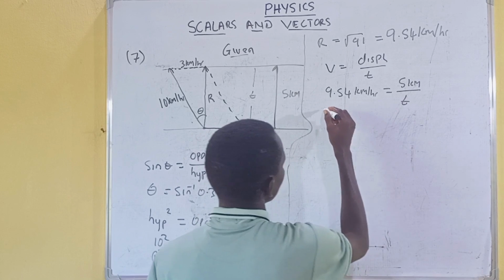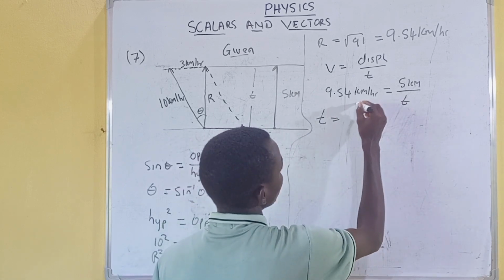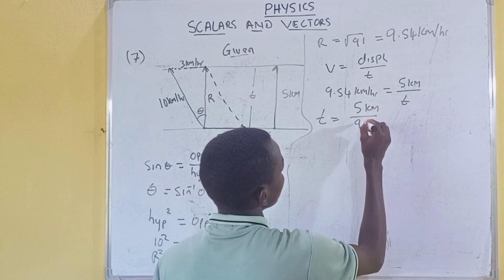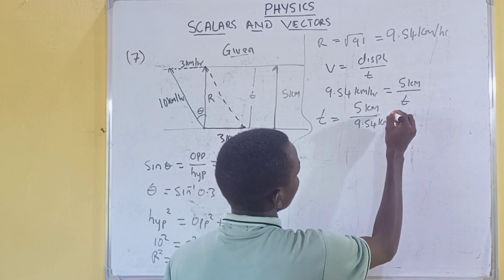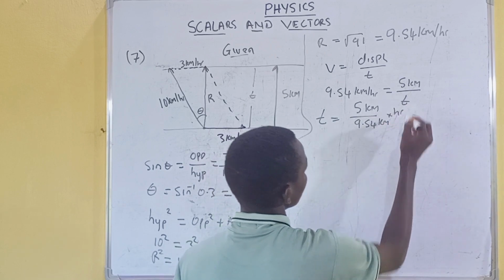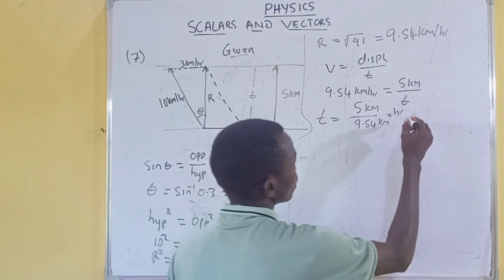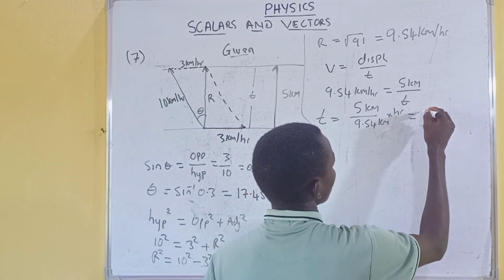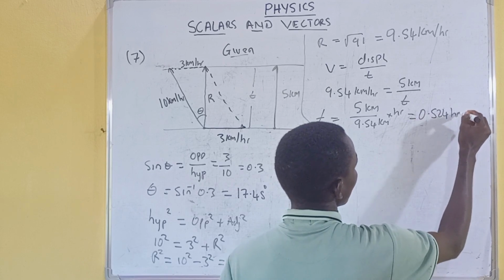To make time the subject of the formula, time will be equal to 5 kilometer divided by 9.54 kilometer per hour. So here will be 5 divided by this. Our time will be equal to 0.524 hour.